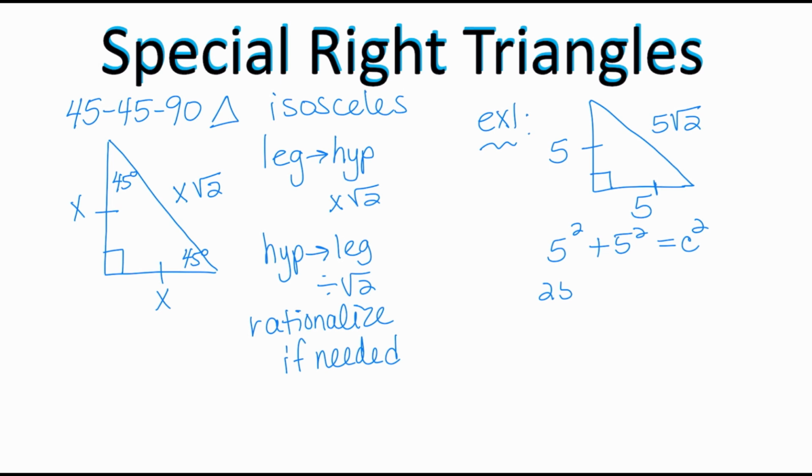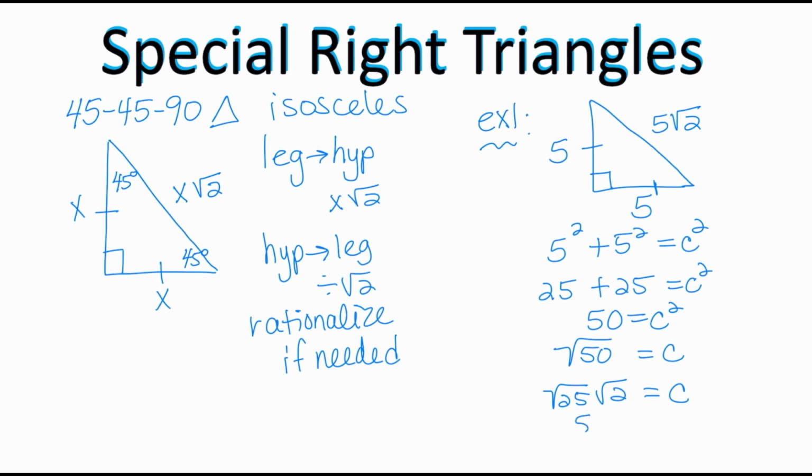5 squared is 25, 5 squared is 25, so 25 plus 25 is equal to 50, so 50 should equal c squared. If I take the square root of 50, then I can break this down as the square root of 25 times the square root of 2.